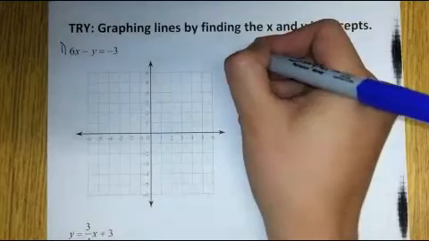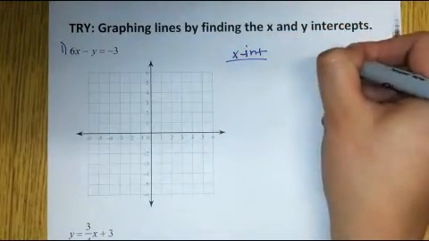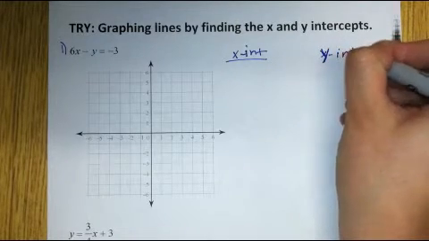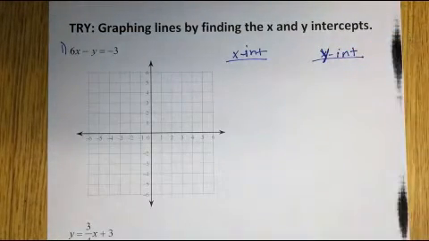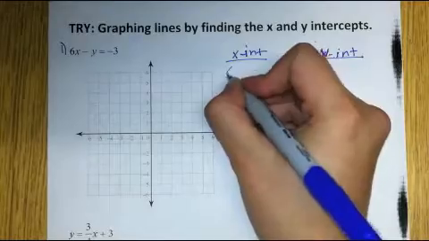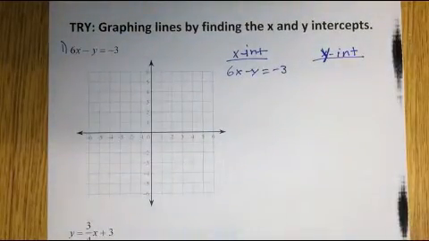Alright guys, to find your x-intercept and your y-intercept, once again, it's up to you which way you like to do it, covering it up or plugging in. I'm going to actually cover up on this one. How's that? We'll split it. So I have 6x minus y equals negative 3. I want to find my x-intercept.